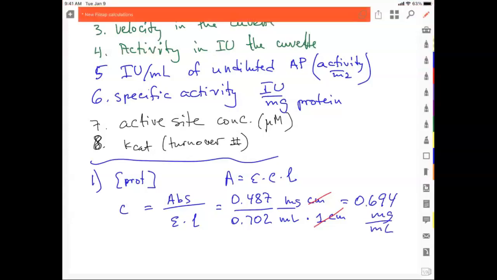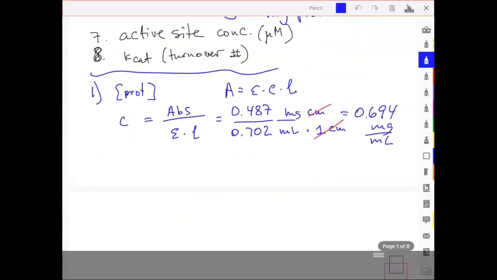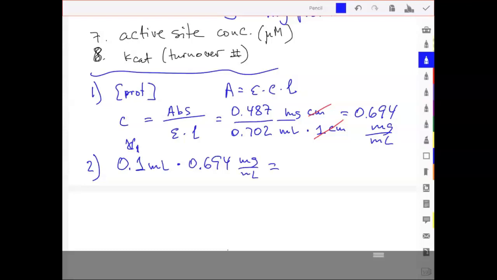Okay, so now if we think about what's the protein concentration in the assay, right? We used 0.1 mL, so I'll put 0.1 mL, which is our V1, times C1, 0.694 mg per mL, equals 1 milliliter in the assay times X, right?